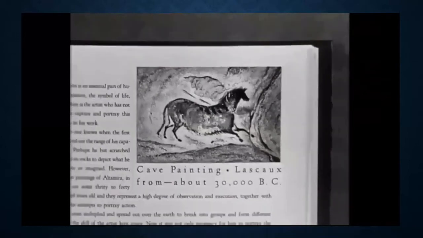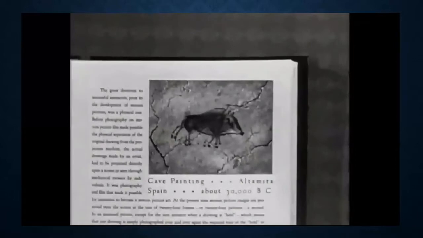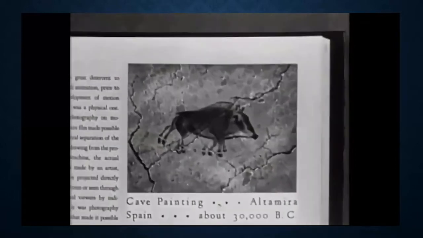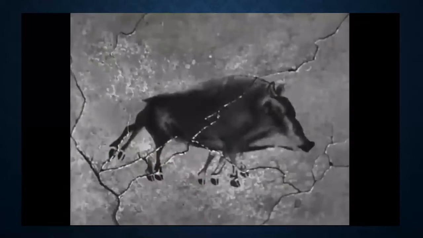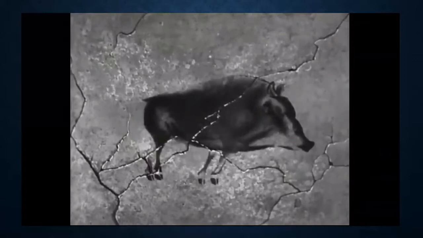At the same time, give or take a few thousand years, in a cave near Altamira in northern Spain, another artist was at work. Note the double pair of legs. Now, if he had been able to alternate these leg positions, as we can with our camera, he would have achieved the miracle of animation.